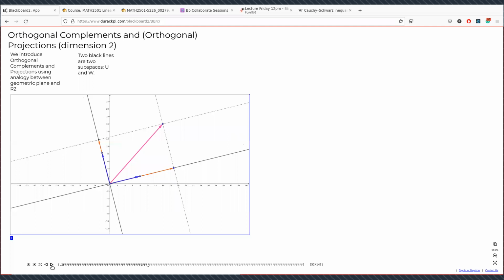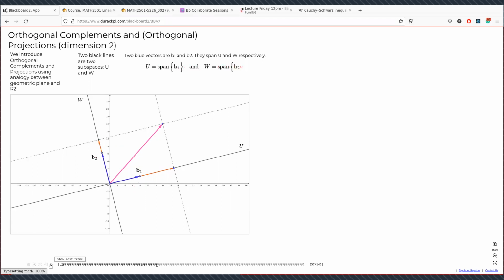Two black lines, they are subspaces. This is a black line which I'm going to call subspace U. This is a black line I'm going to call subspace W. They are one-dimensional. They are spanned by blue vectors. I'm going to call them B1 and B2. This is the vector B1, and this blue one will be B2. So my subspaces U and W are spanned by B1 and B2. Both of them are subspaces in R2.